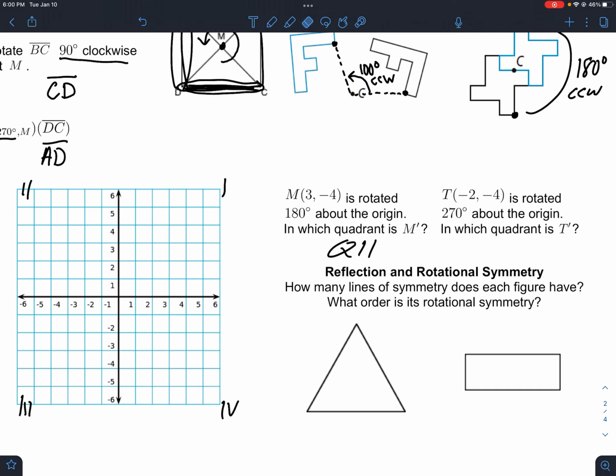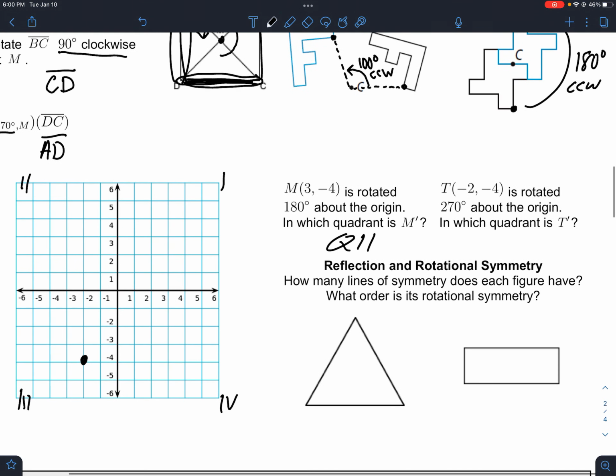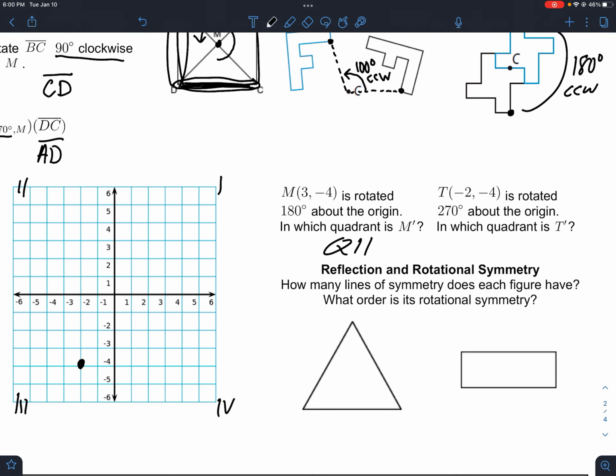And if we plot T and spin it 270 degrees, which is just 90 times 3, we go counterclockwise. So 1, 2, 3. It's going to land somewhere in here. Also quadrant 2. Okay? So every time you rotate 90 degrees, you skip a quadrant.